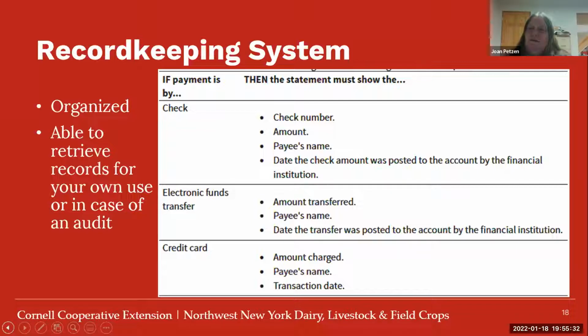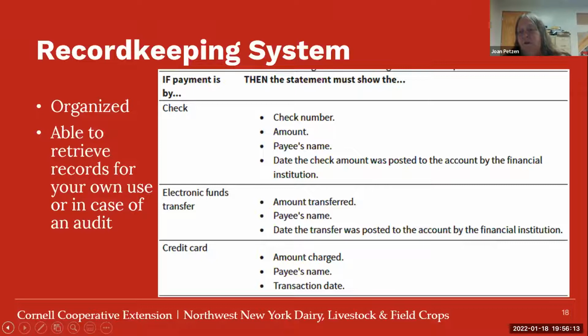I'm going to say yes and no. And the reason I say that is from an income tax perspective, there's not a lot of difference, other than usually if you're selling wholesale, there's more of a trail of receipts for what you've sold, because you took a load of something or a bin of something and you usually either went to the produce auction and got a receipt back that you sold it there, or you delivered a load of grain and got a receipt back that you delivered this many pounds of grain to the elevator.